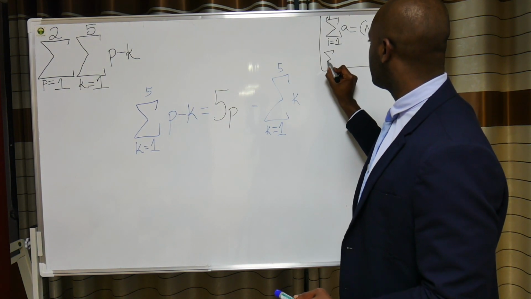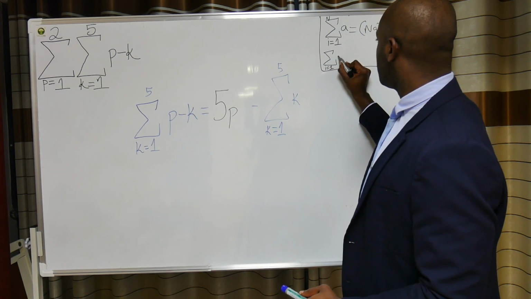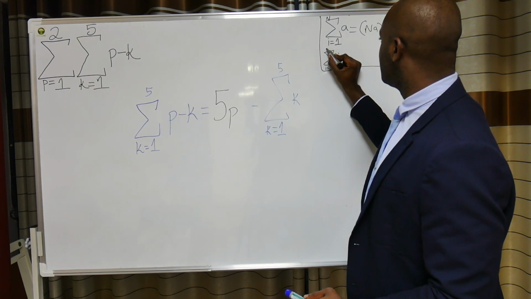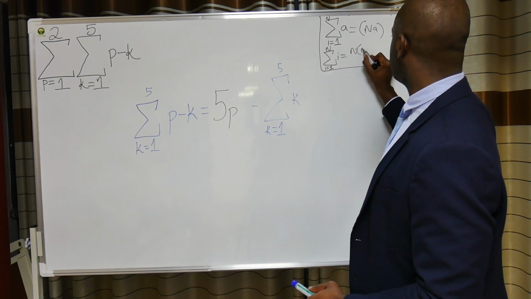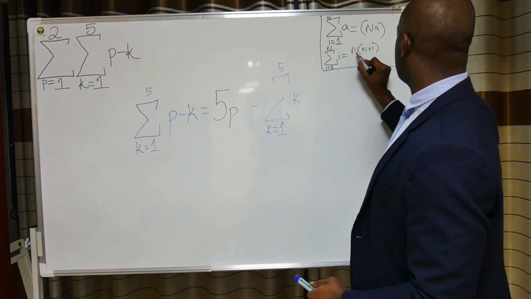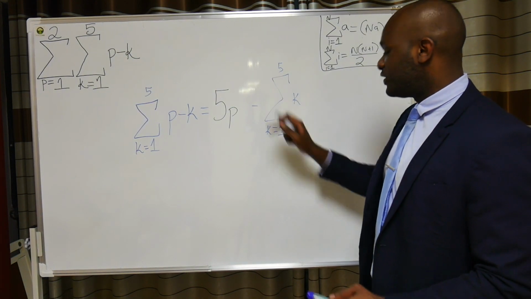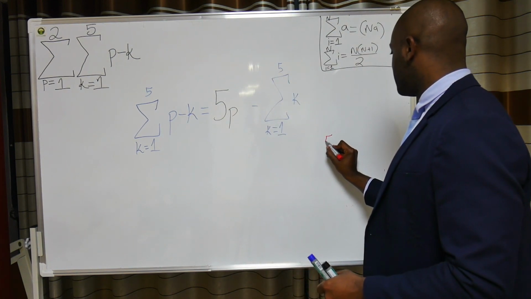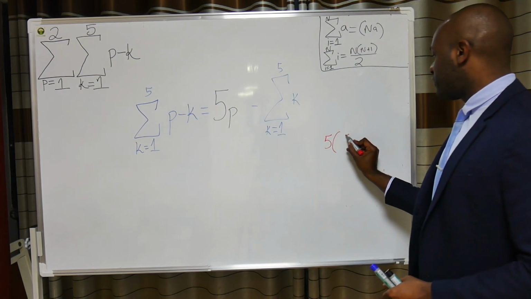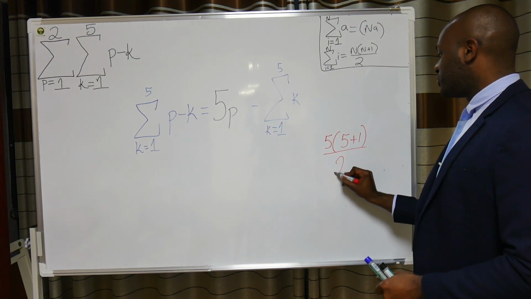So I'm going to write a different formula. That is the summation of i from i equals 1 all the way up to some n. This is going to be equal to n times n plus 1 over 2. In this situation, our n is 5, so it is going to be equal to 5 times 5 plus 1 over 2.